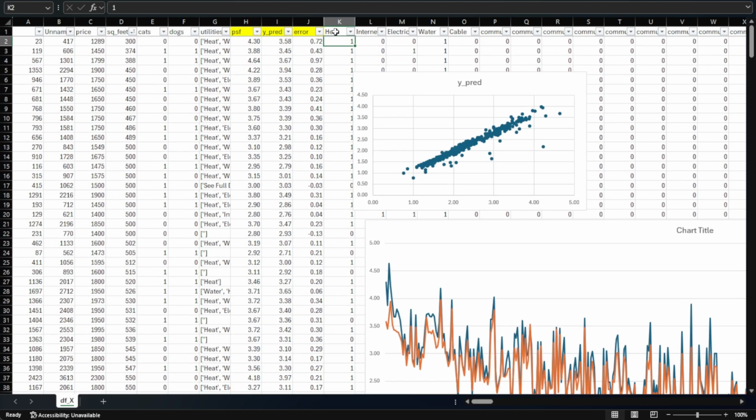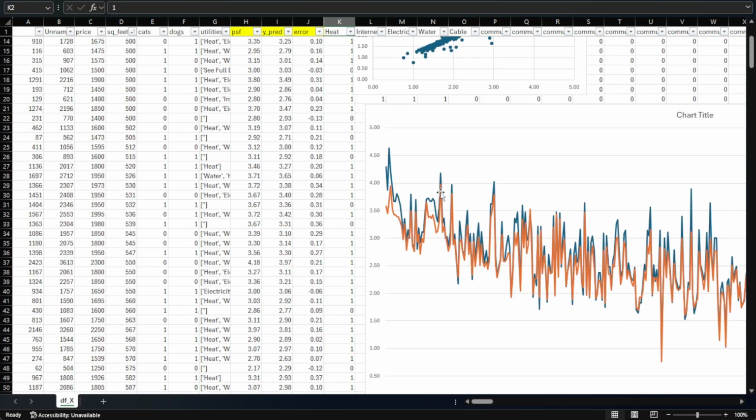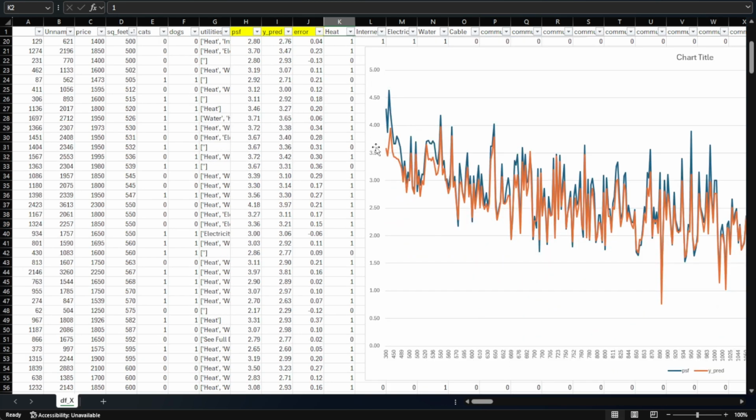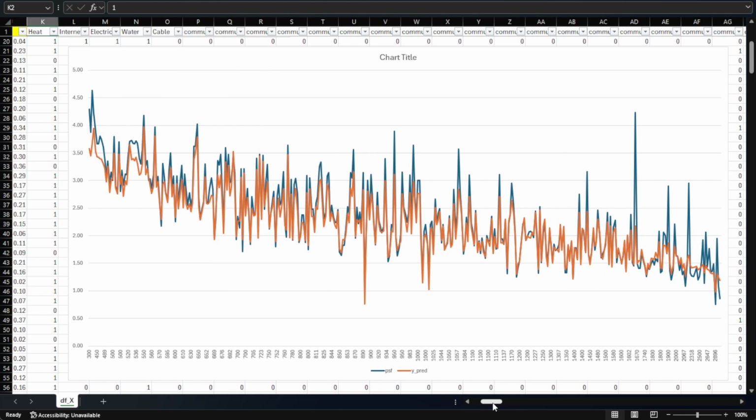There we go, folks. So again, here we have the per square foot value, and down here we have the square footage of the rental space. So obviously we see a decreasing trend as the rentable space increases. The per square foot value goes down.